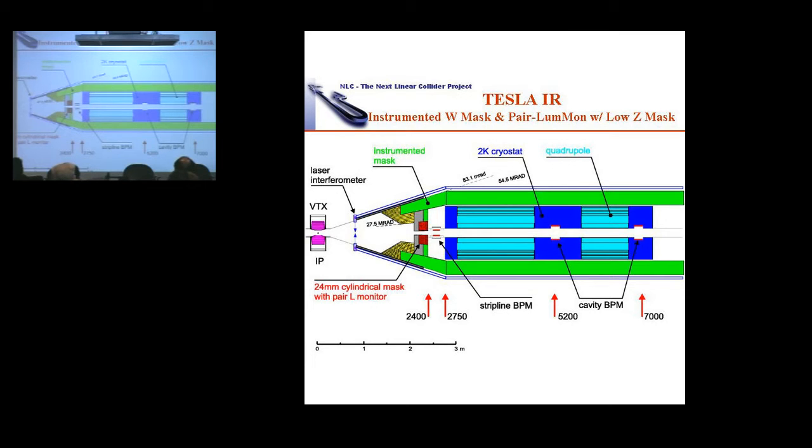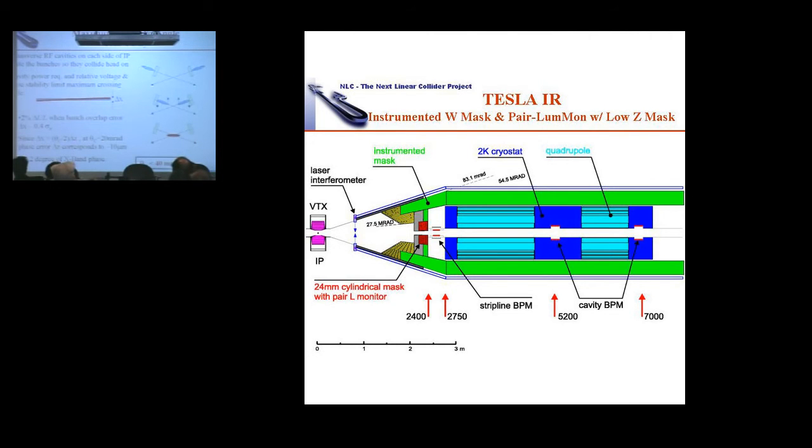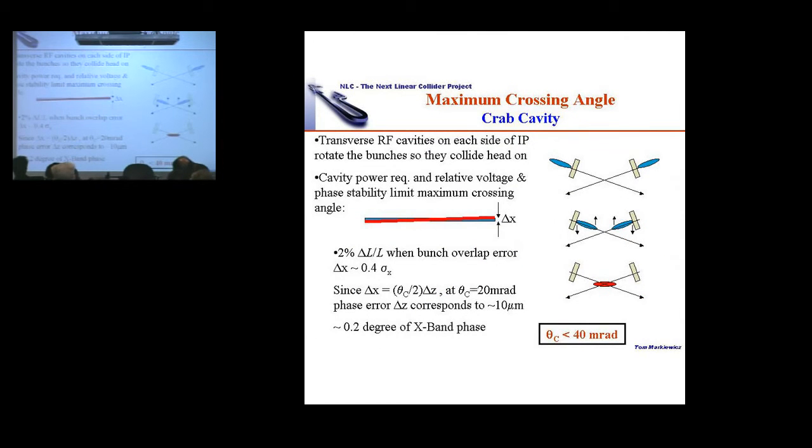And with the exception of those features of beams coming in and beams coming out, basically everything else about these detectors looks the same. This is the only place in this talk where I'll have these pictures adjacent to each other. I just want to point out that you should have noticed that everybody has a conical mask, everyone has a luminosity monitor, everyone has shielding in various areas, and it's really only in this time structure that things change.